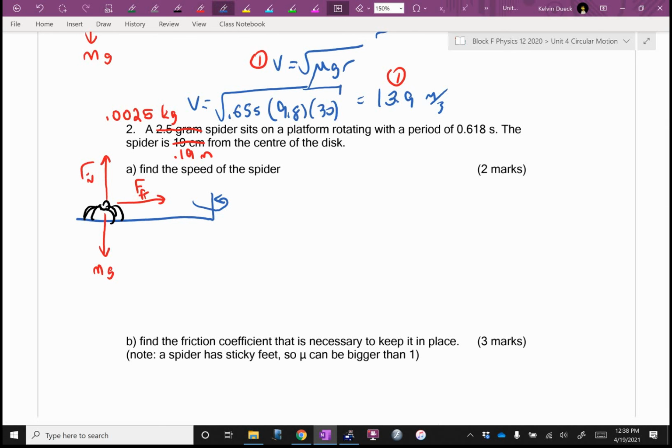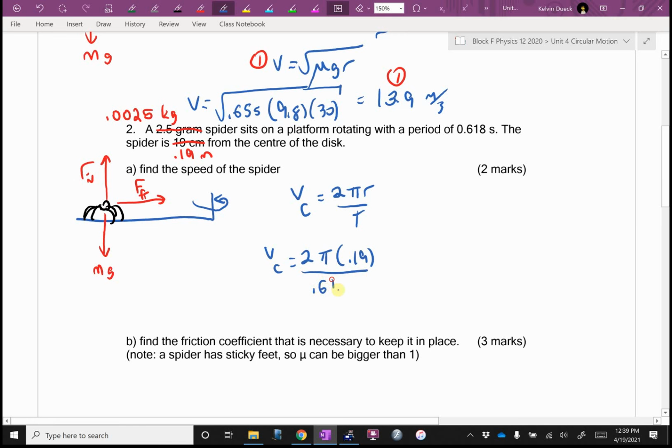So my equation is going to be, well, first of all, they just want me to find the speed of the spider. The speed, I might be able to go 2 pi r over the period. Can I? Yeah, I know r. I know the period. So I'm just going to do that. It's going to be 2 pi, what was r? 0.19.